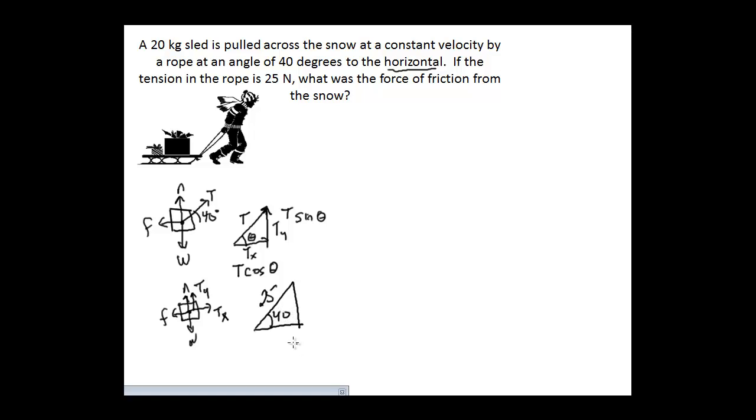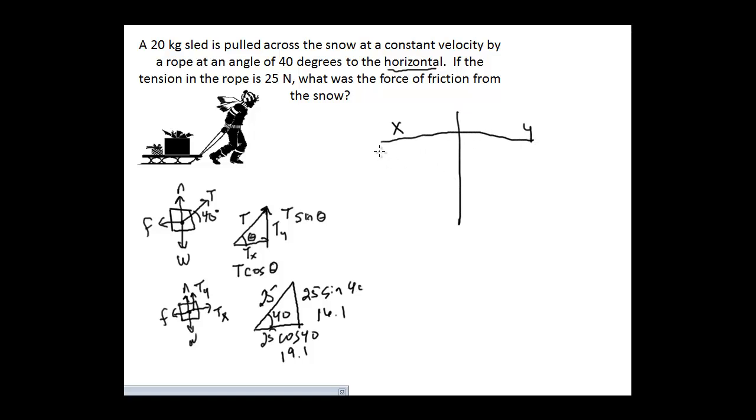So working this out, Tx becomes 25 cosine of 40, which ends up being 19.1, and Ty is 25 times the sine of 40, which is 16.1.